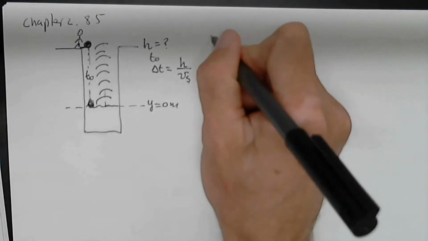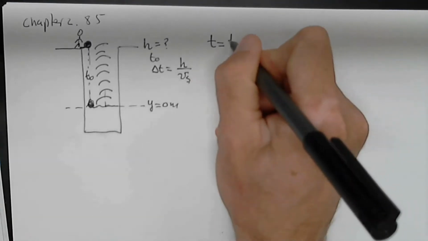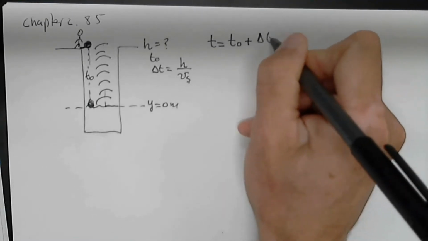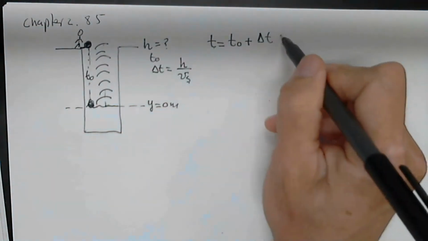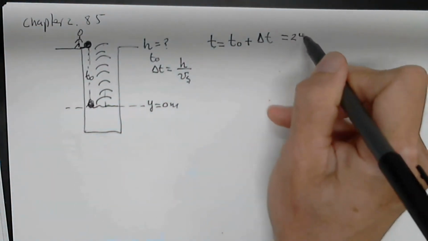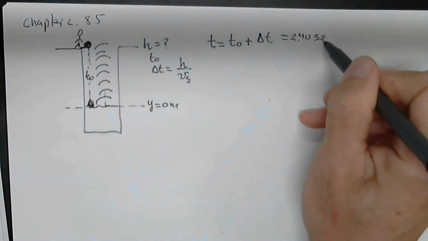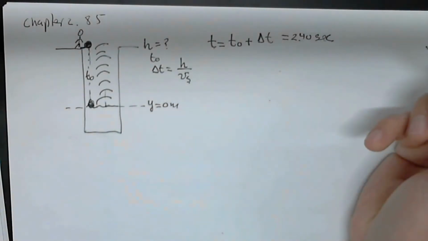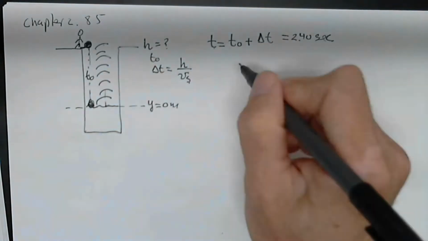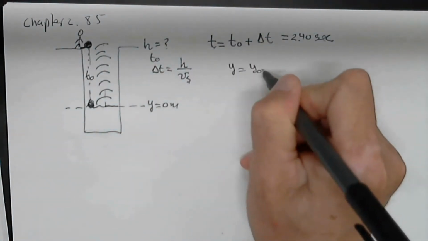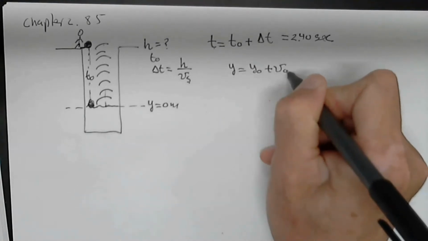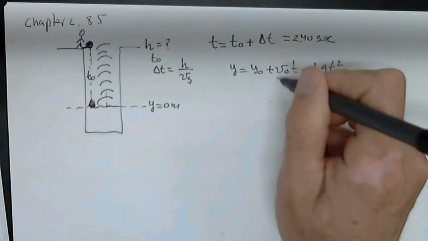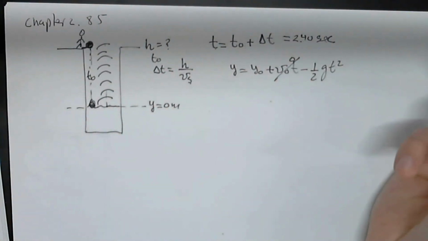Okay, what is T? He hears the sound at this time. So this T is given, this is 2.4 seconds. This is the one that is given. So, using the kinematic equation, y equals y naught plus v naught t minus 1/2 g t squared. Dropped, so initial velocity is 0.